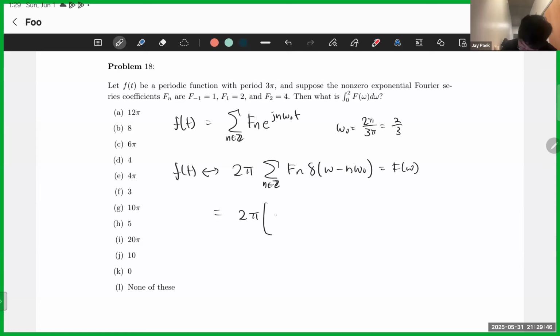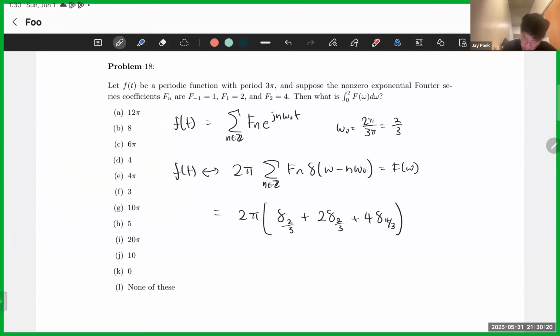And so this is delta of this plus 2 times delta at this, and then plus 4 times delta at this. And that's equal to F of omega.